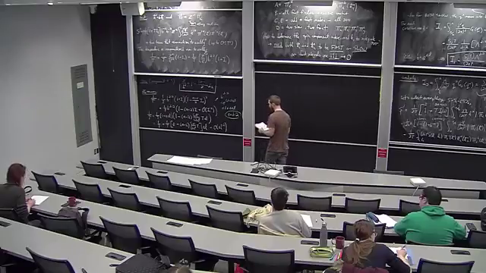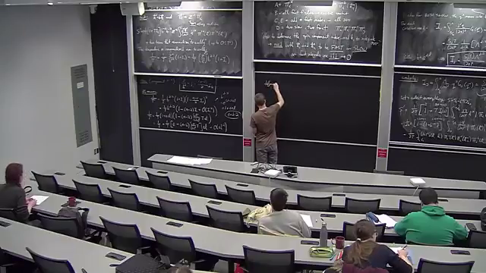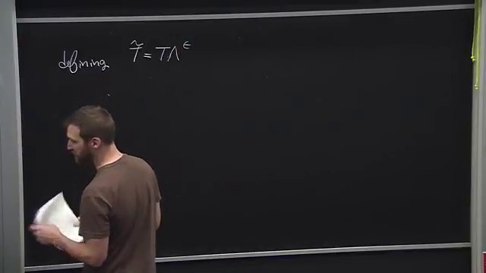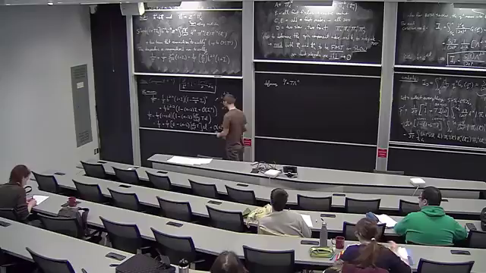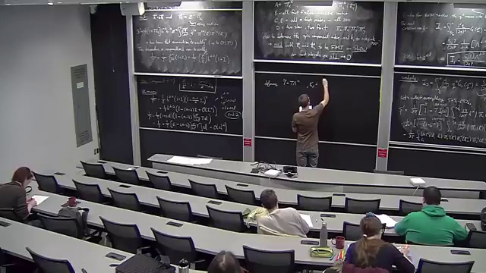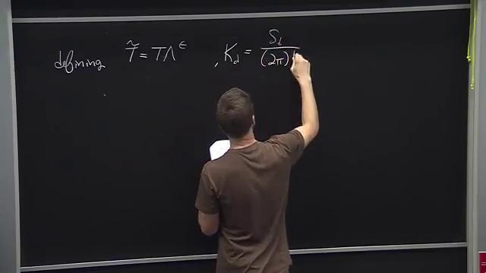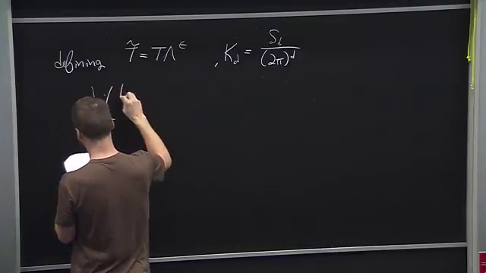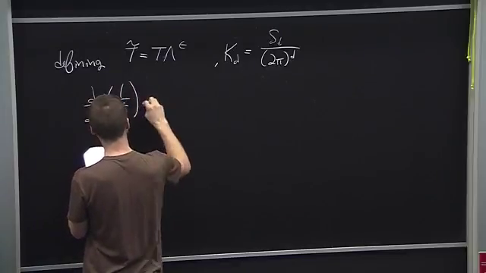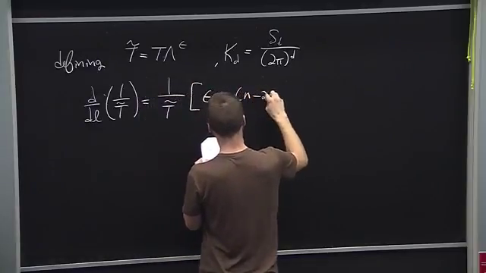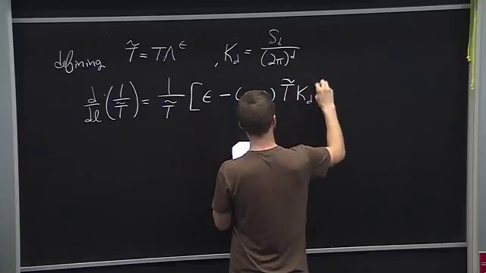So, actually that's pretty good. If I just redefine my temperature to pull a cutoff in there, and get rid of that annoying 2 pi over d, then my differential equation should be something like epsilon minus n by 2 t kd or something like that.